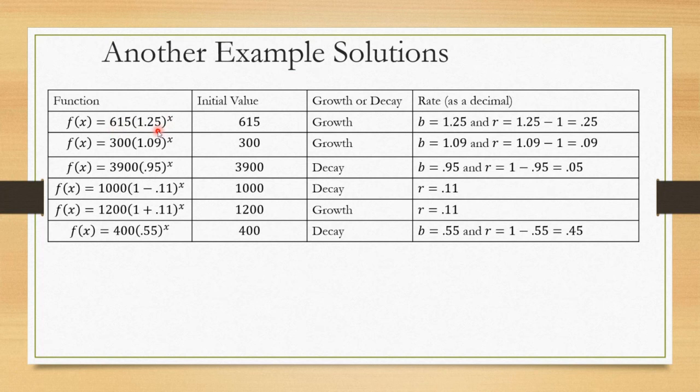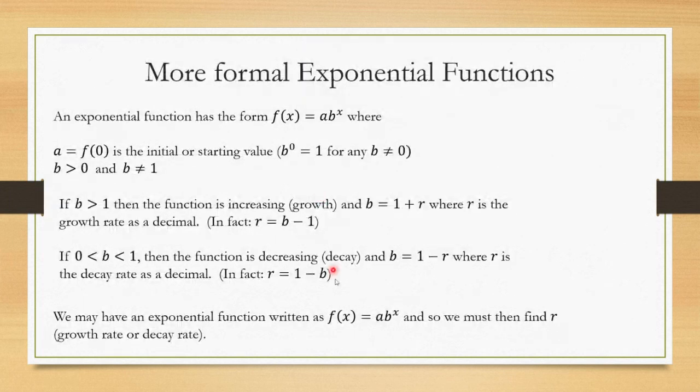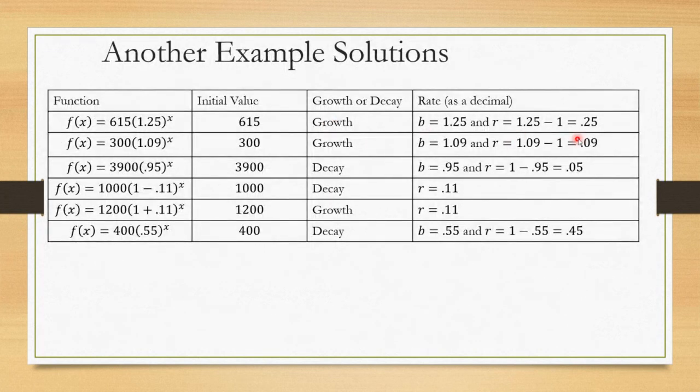Now, since the base here, 1.25, is greater than 1, we have growth. And because of that, we can get our r. Namely, to get r, we would take b and subtract 1. Again, I'm just using this formula right here. It's either going to be b, your base here, minus 1, or 1 minus it, and you take the one that's positive. I hope that made sense. I think it did. So we get 0.25.